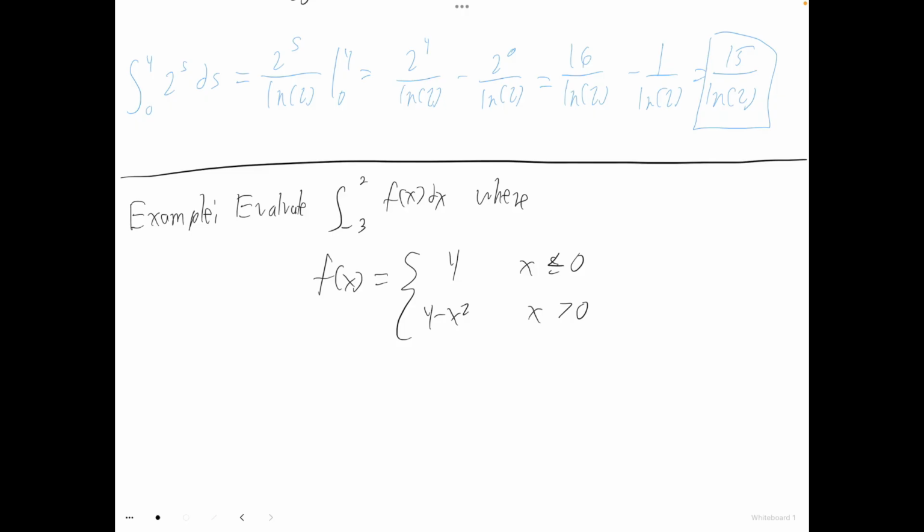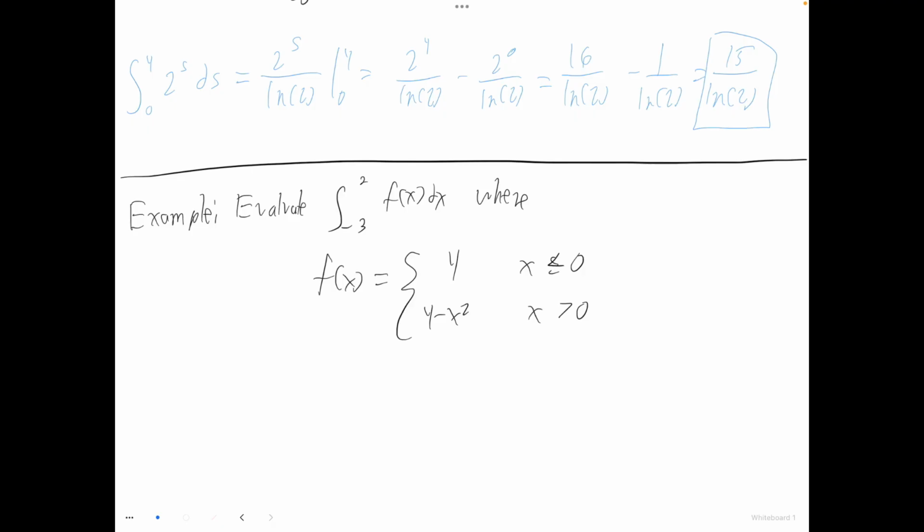Remember, for the Fundamental Theorem of Calculus, Part 2 to apply, we have to be continuous on the whole interval, from -3 to 2, in general from a to b. So we need to check whether this function is actually continuous on that whole interval.